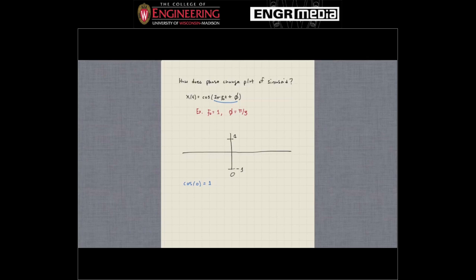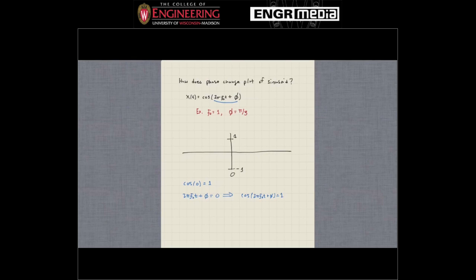And that's as big as the cosine gets. So if 2 pi f naught t plus phi equals 0, then that means that cosine of 2 pi f naught t plus phi equals 1.